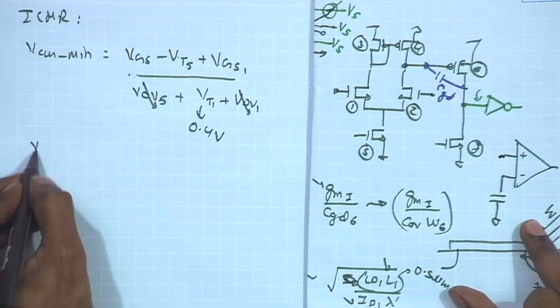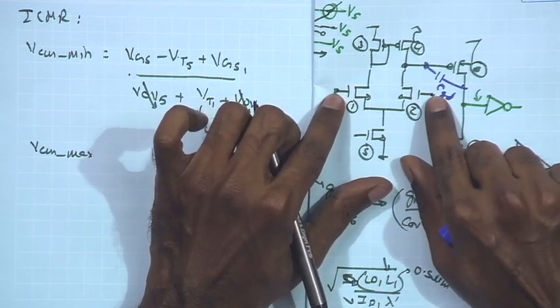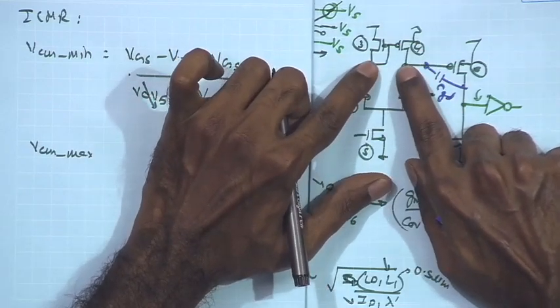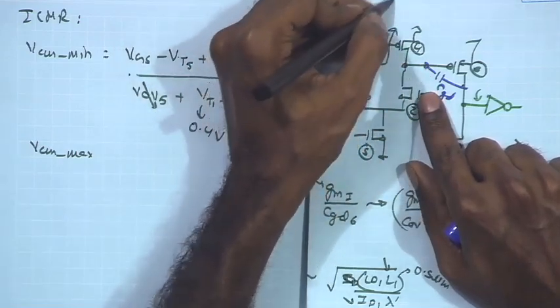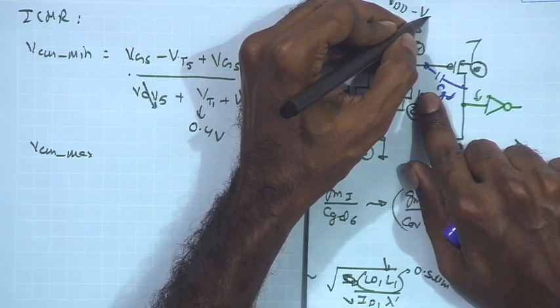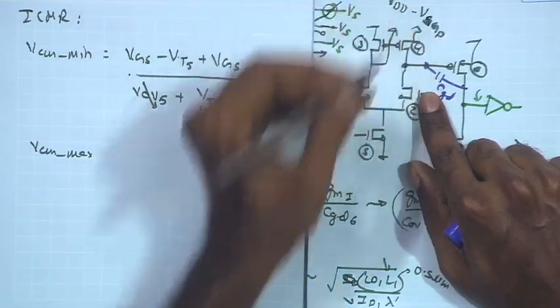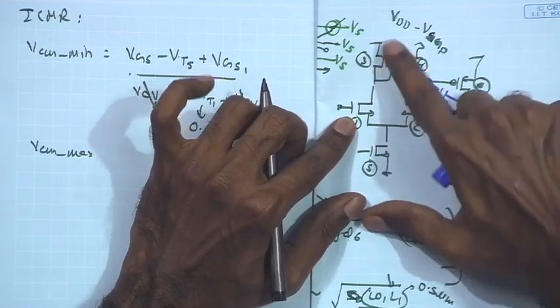On the other hand, for VCM max, if your common mode voltage is increasing, remember the drain potentials over here remain almost clamped to VDD minus VSGP. So, this is VDD minus VSGP, if I assume that this is the source to gate potential drop VSG of this PMOS.